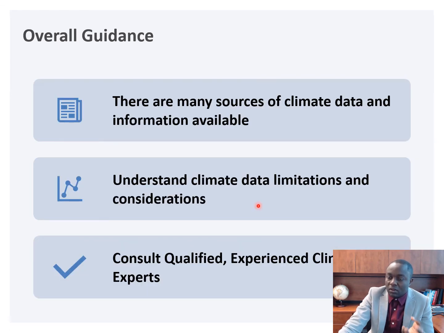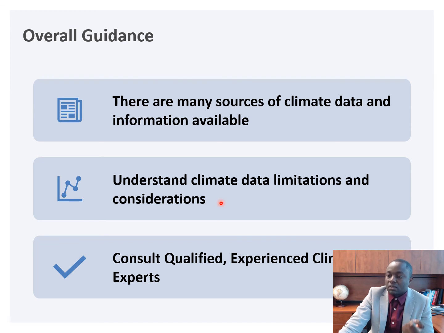To conclude, overall guidance for using historical climate data sets for infrastructure risk assessment. 1. There are many sources of climate data and information available. 2. Understand climate data limitations and considerations. 3.